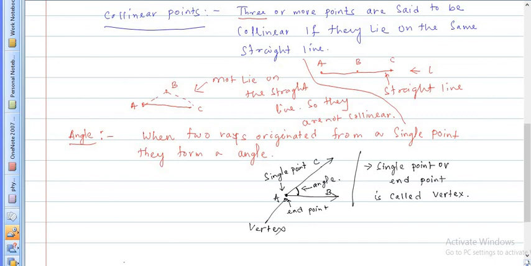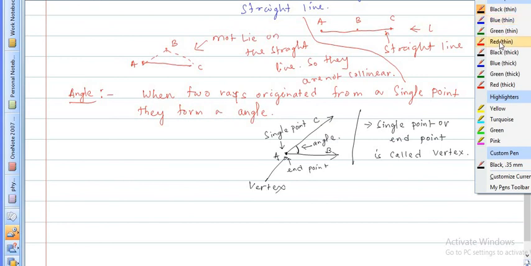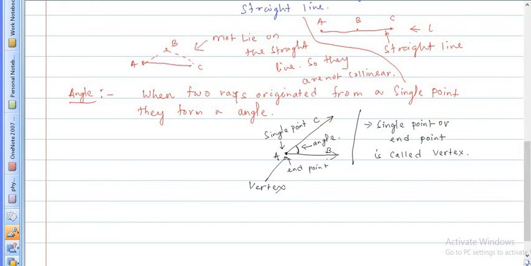Understood? Okay. Now what are the names of these rays? So let us discuss this. There is the AB ray and the AC ray. Now how can we define this? What is the name of the AB ray?